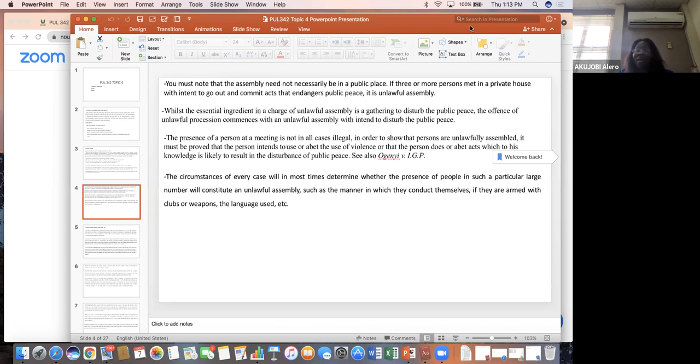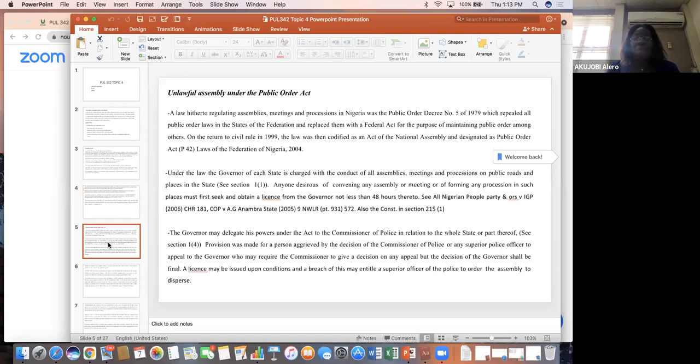If, for instance, the gathering is seen as something that, if care is not taken, before you know, everybody is in danger. Or if they are armed with weapons, and the kind of language that comes out of them, you will be able to tell that these people are definitely out for problems.